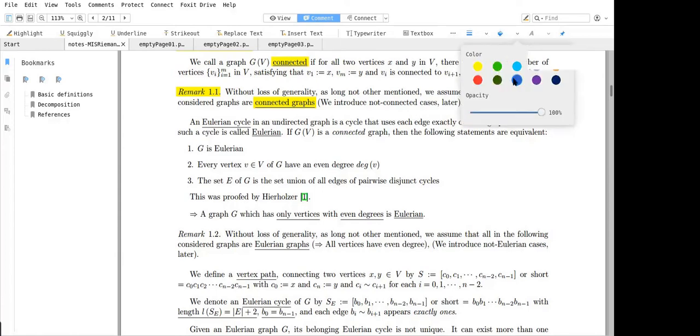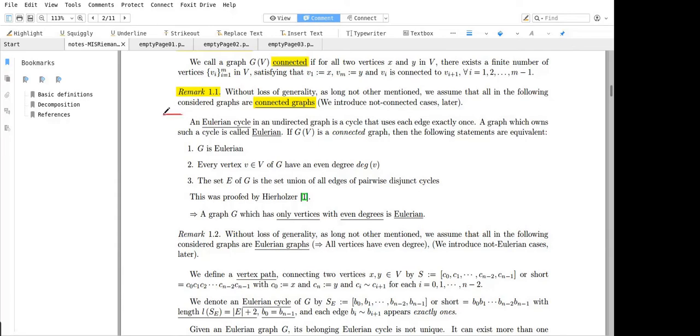So at first, let's think again about what an Eulerian cycle is.